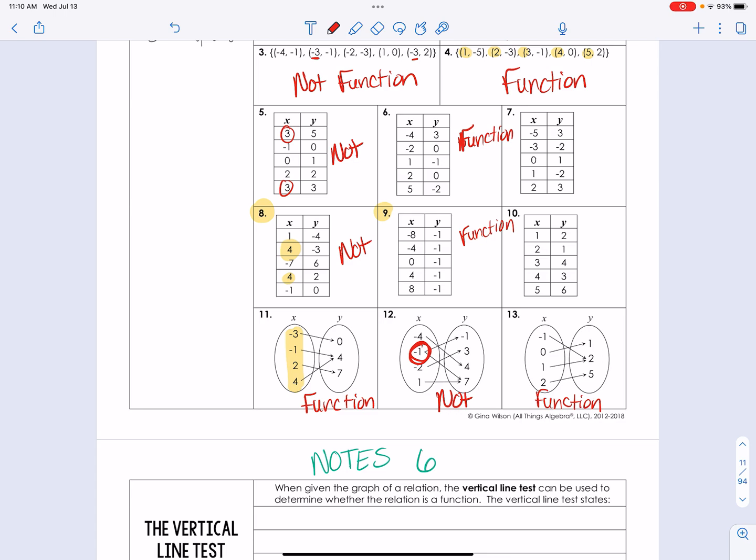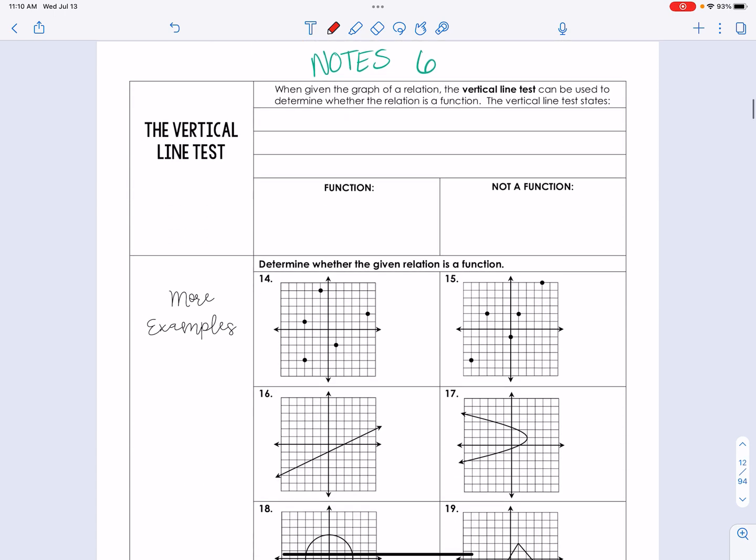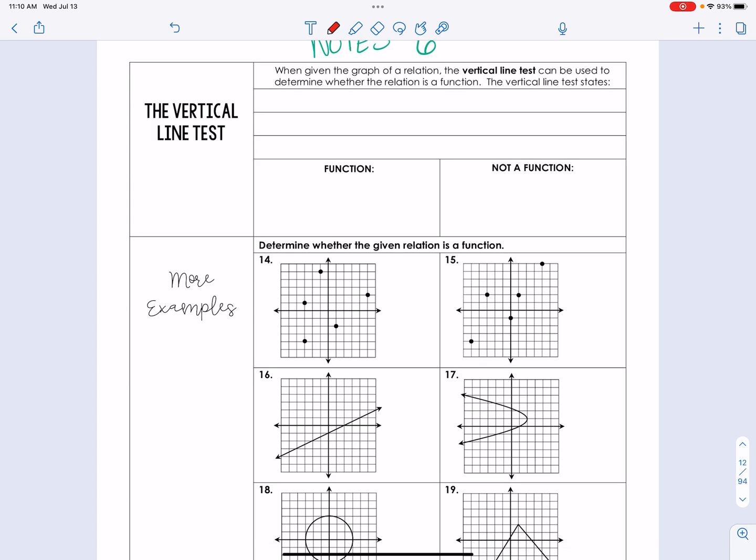All right, and then the last thing we're going to look at is the vertical line test. And this is something you maybe have already learned. When given a graph of a relation, the vertical line test can be used to determine whether the relation is a function.